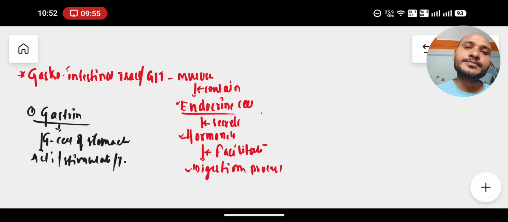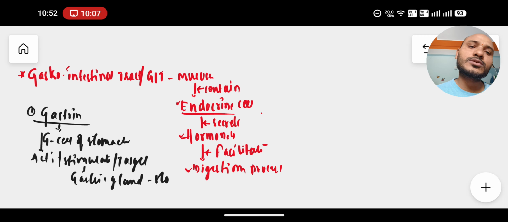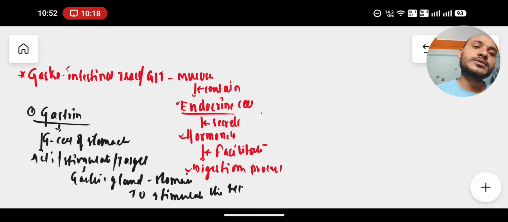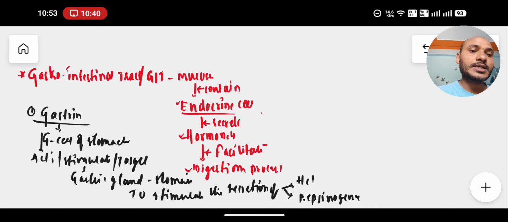The target organ is the gastric gland, which is located in the stomach. Gastrin stimulates the secretion of two kinds of molecules: HCl, hydrochloric acid, and pepsinogen enzymes, by acting on the gastric gland in the stomach.